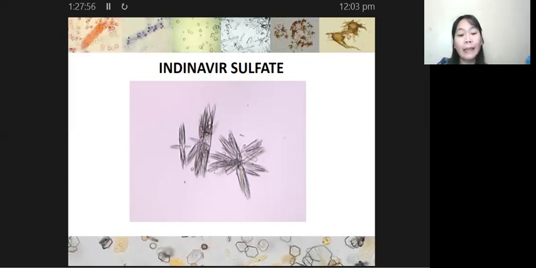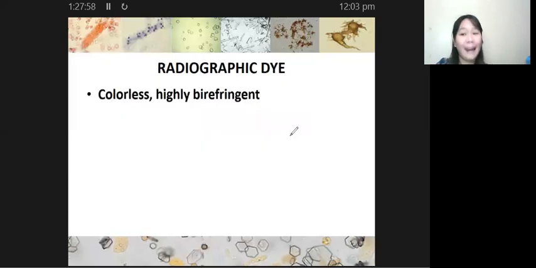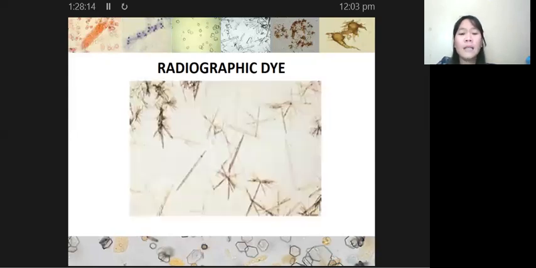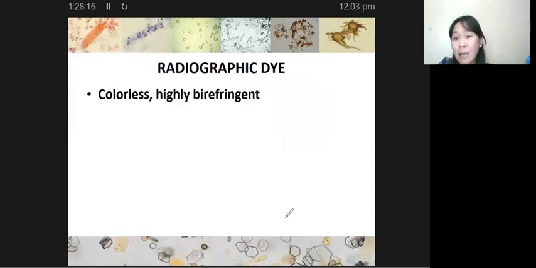And then last na ito, I think. Last! Yes! Sorry, excited ako. We have your radiographic dye. This is colorless and highly birefringent. Sabi sa ating libro, it resembles your cholesterol crystals.